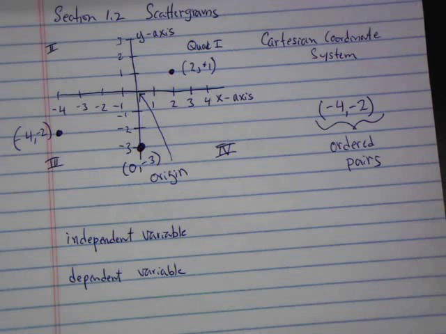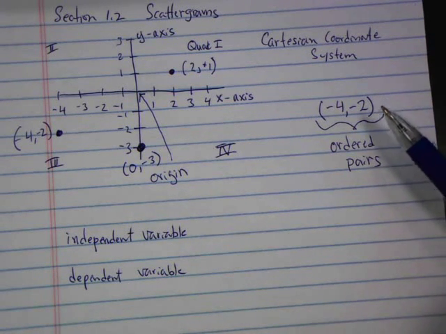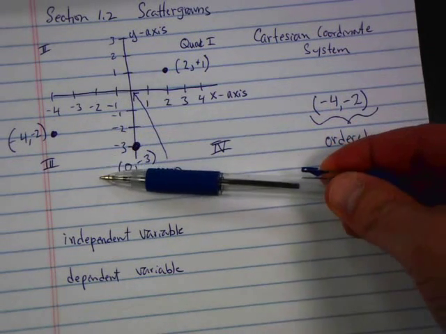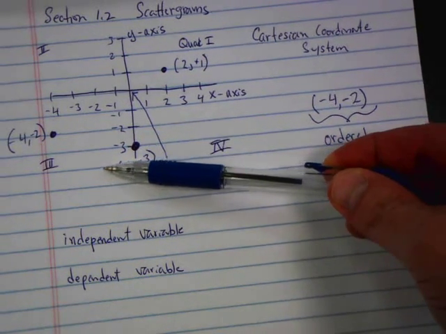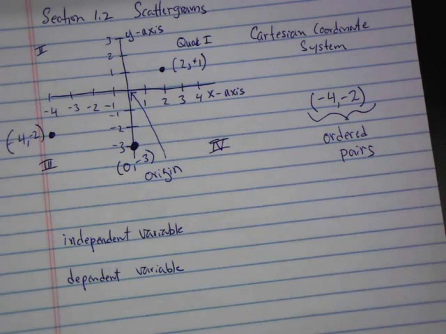Because it's a pair, because there's how many things? There's 2, and they're in order, x and y. So negative 4, negative 2 is different than negative 2, negative 4. The order that you write them in does make a difference. Where would negative 2, negative 4 be? Over negative 2 and down. It would still be in the third quadrant, but it would be in a different spot. It'd be right about here. Negative 2, negative 4. So order matters.